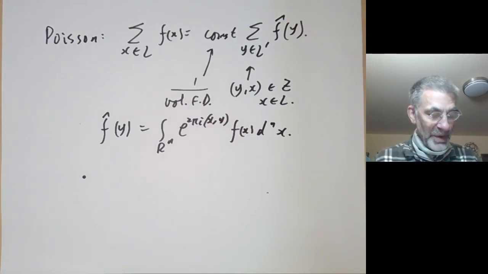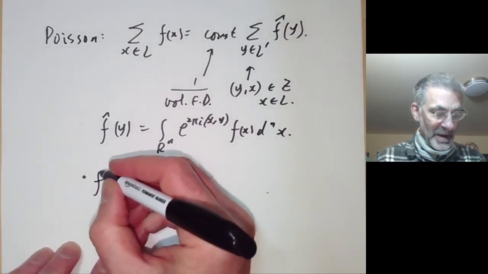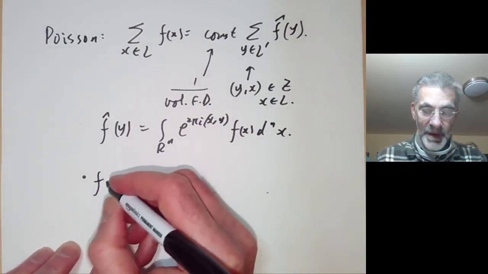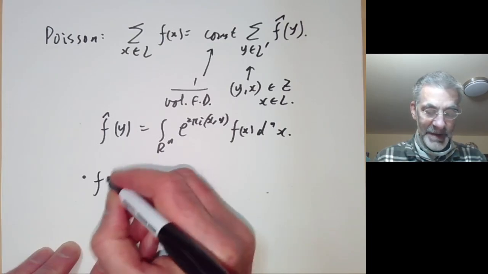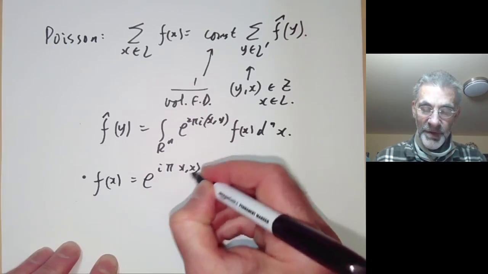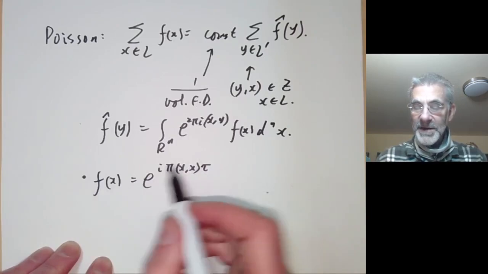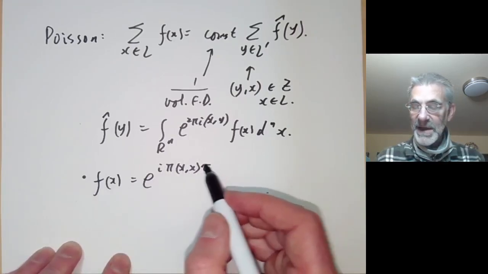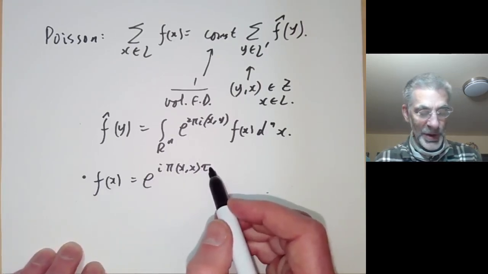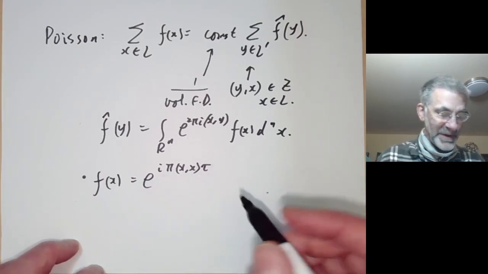So what we do is we just apply the Poisson summation formula to the function where f of x is equal to e to the i pi times the norm of x times tau. And the Fourier transform is going to be a similar expression, except tau changes to minus 1 over tau, and you put a constant in front of it, which I won't write down because if I do I'll get it wrong.